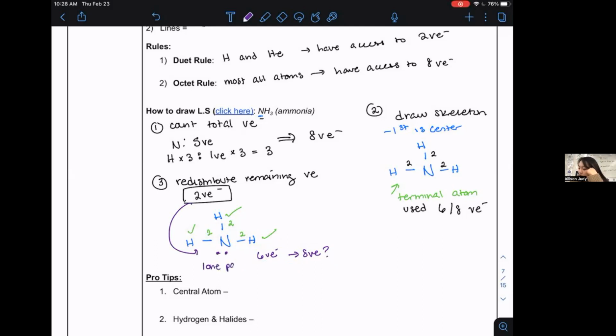It's just sitting on that nitrogen. And now nitrogen has access to 2, 4, 6, and 2 of the 8 are its own. And that is what we call the actual structure of ammonia. And notice I've used up all of my valence electrons. So now I'm at 0. I've used all 8 valence electrons.